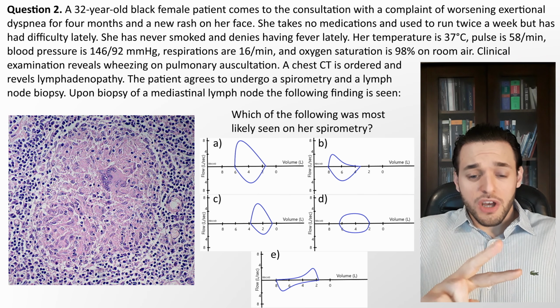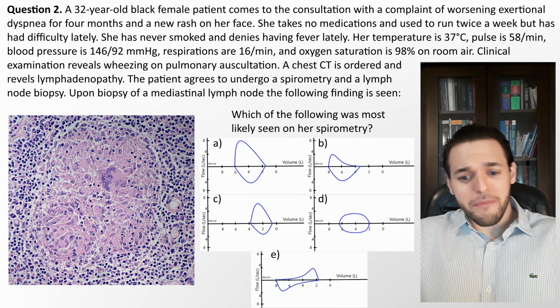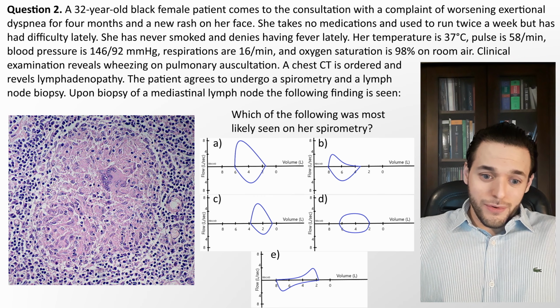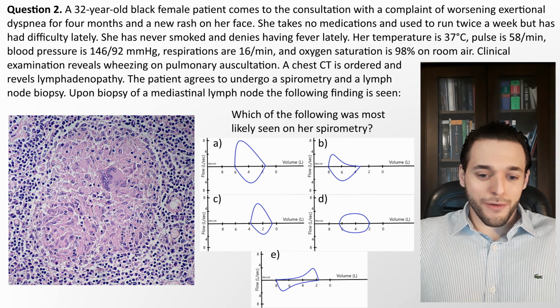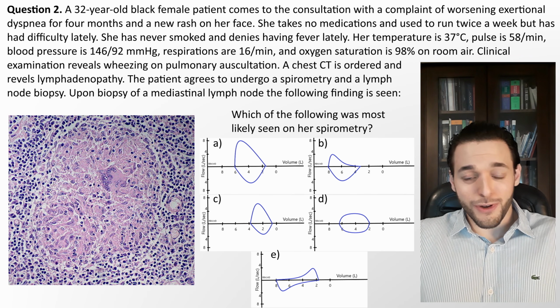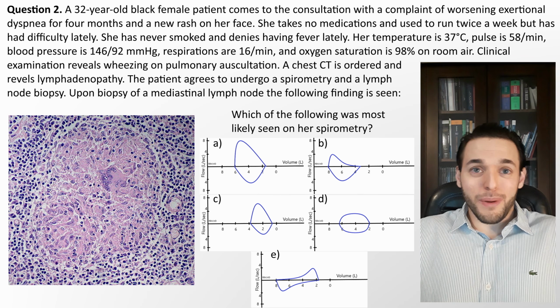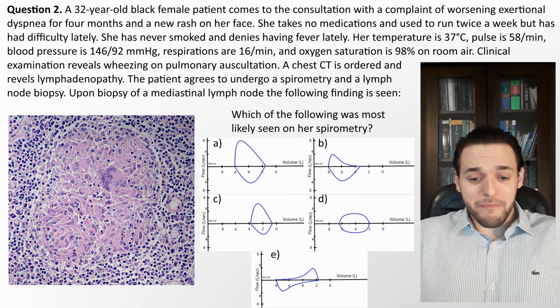And two, do you know how to interpret a simple spirometry? If you want to do the question by yourself, you can look at it now. I'm not going to stop the video just before the diagrams, because there's pretty much no way of reading the diagrams without giving away the answer.